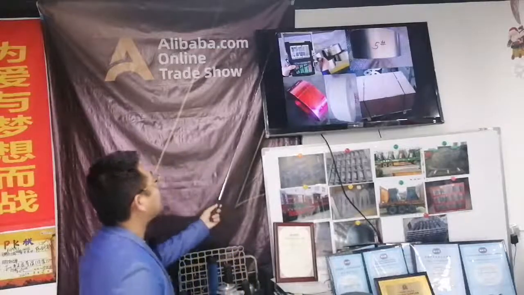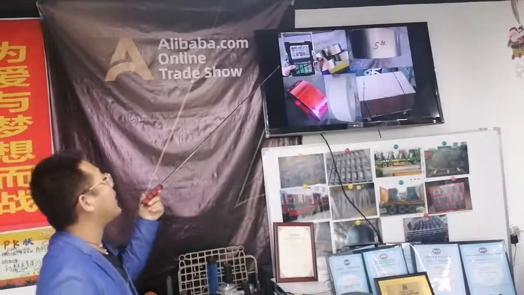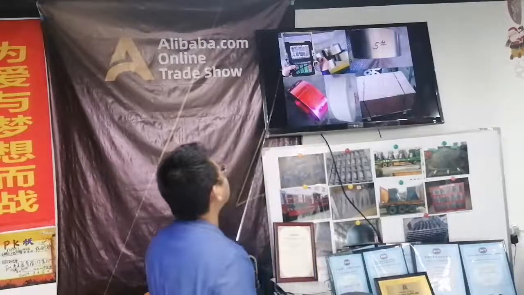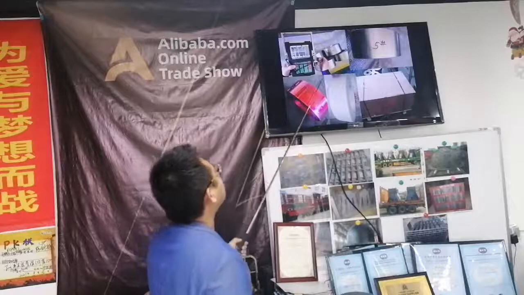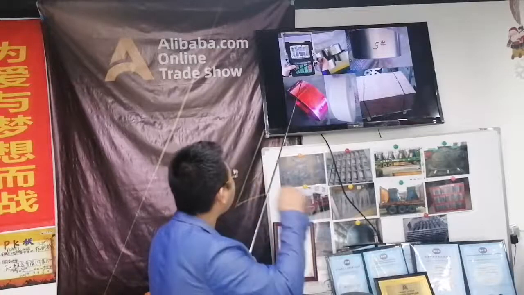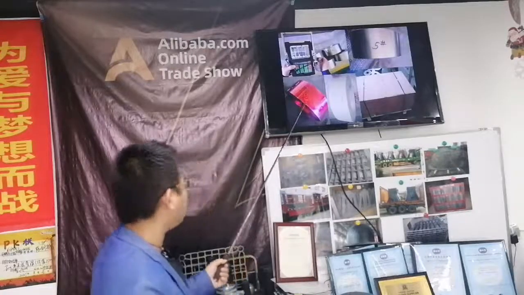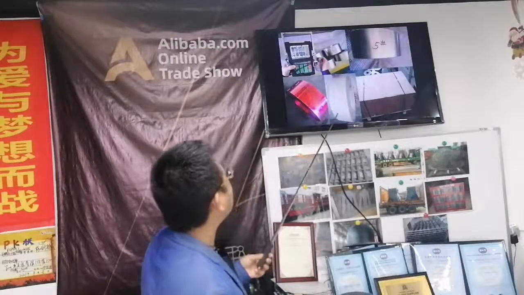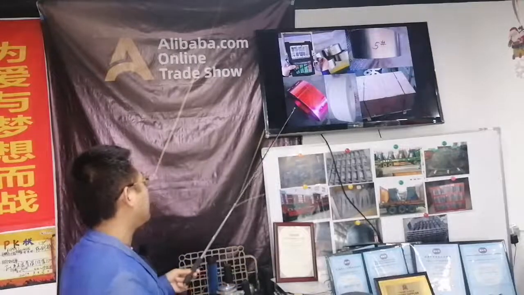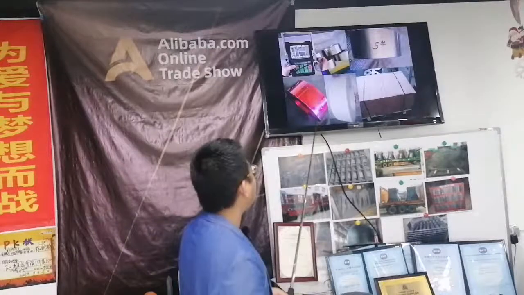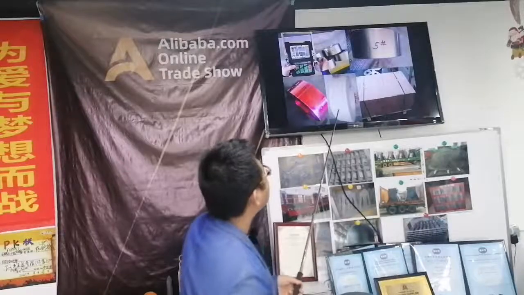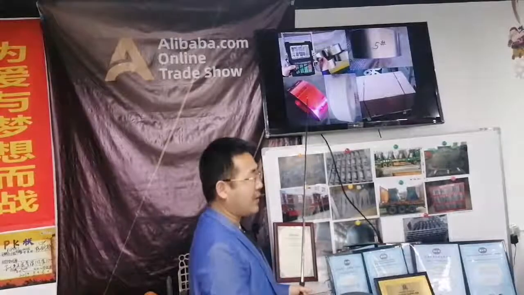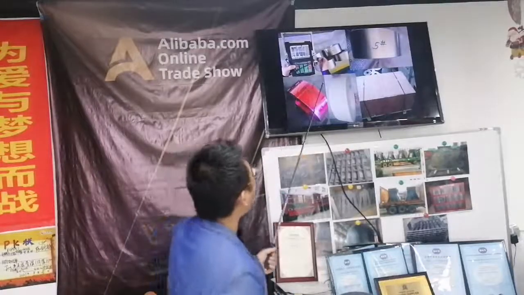Like these photos, the first one is we do MT test like this, and we also do PT test like these photos, red and white, and white finish, and all material, all inspection is okay.